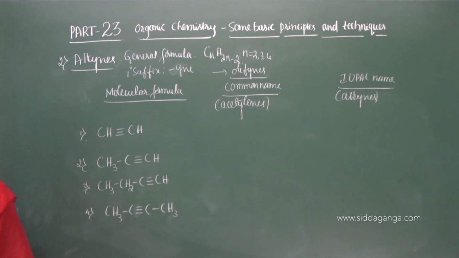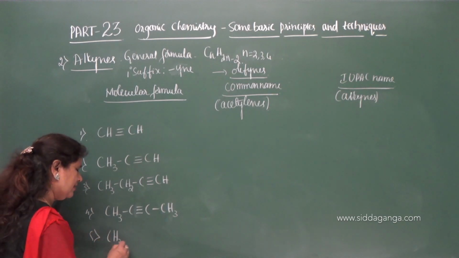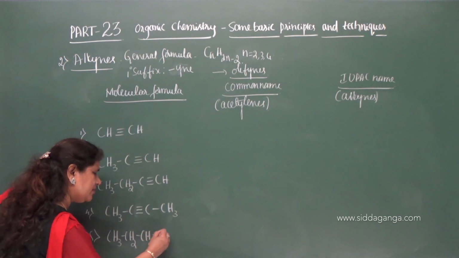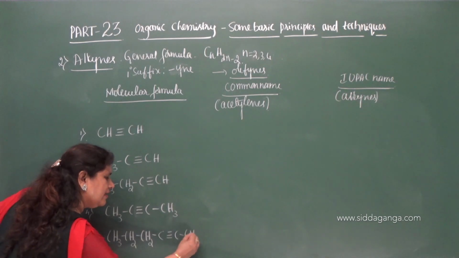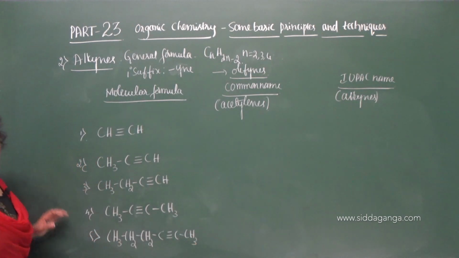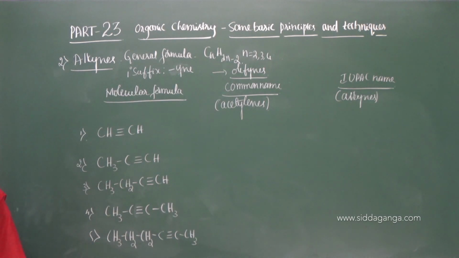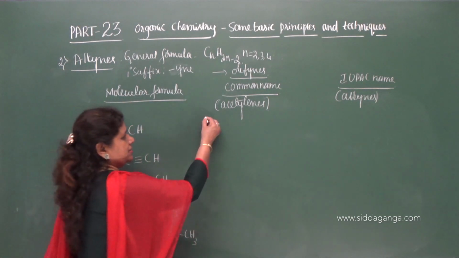So see the members of the alkyne series here. Fifth one, CH3CH2CH2C triple bond CCH3. You can also write it like this. Okay, now let us move on to the name. The first member of the alkyne series, as I said, is acetylene.